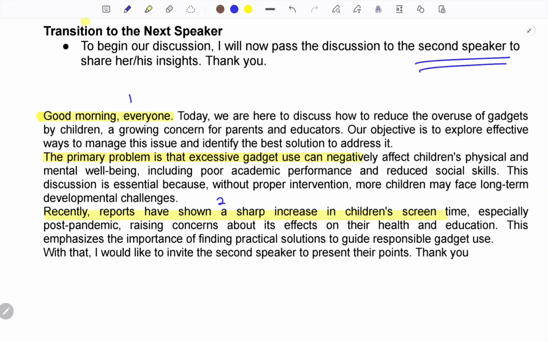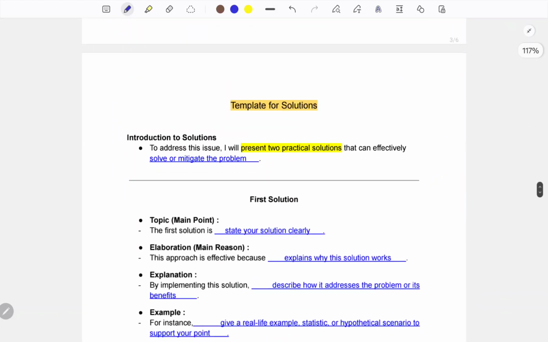So this is the problem, the third, and then what we're going to discuss today, this is the fourth, and next. Okay. So this one is the importance. Why is it important? Okay, so this is for the introduction.